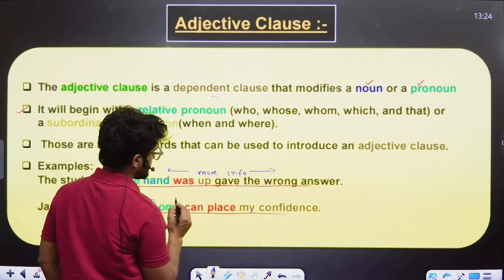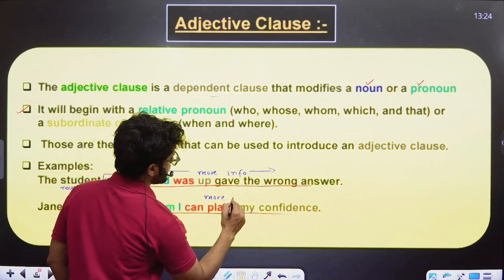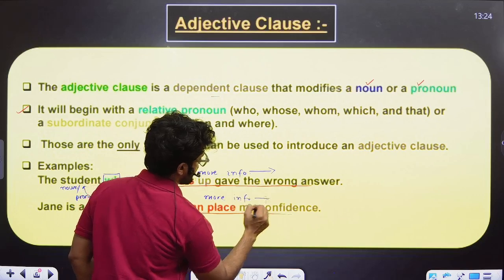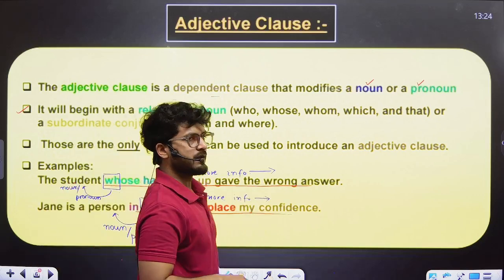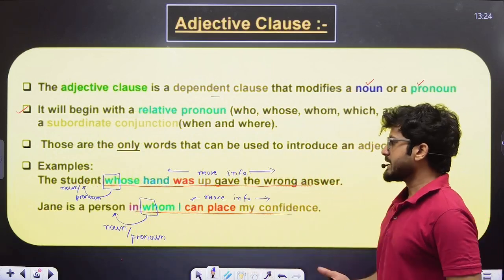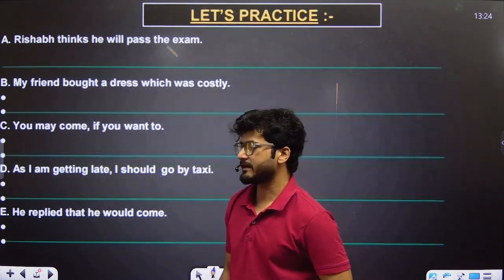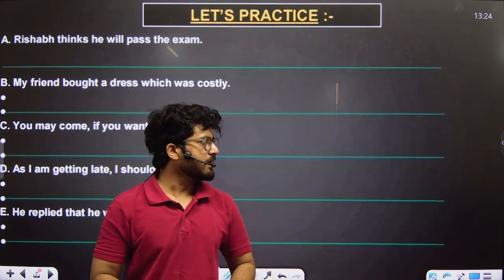That will be your adjective clause. More information will be provided. So that will be your adjective clause. Got it? So let's keep the practice of these all three so that we will understand it in a much better way.